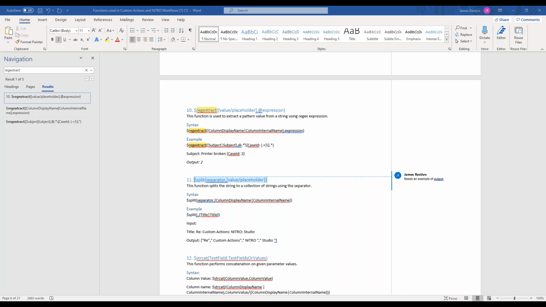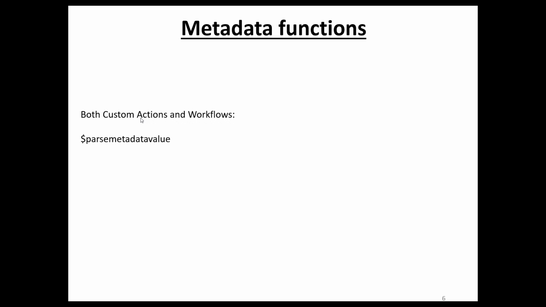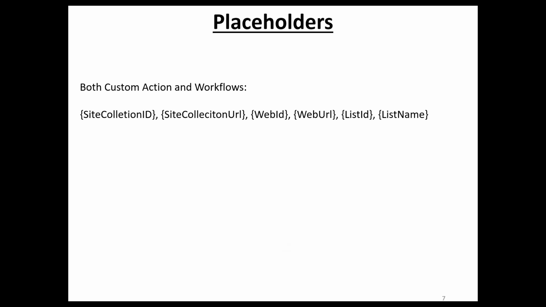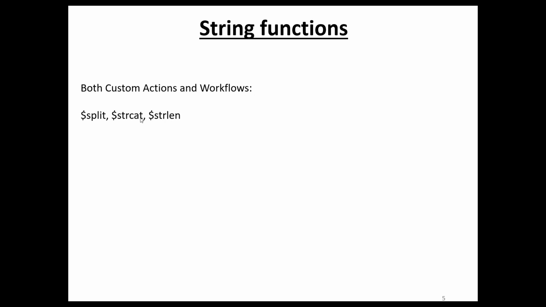I mentioned briefly we had some string functions like split, string concatenation, and string length. String concatenation is going to take the arguments that you put into the function and put them together, and you can have any number in there, so it's not limited to 1 or 2.